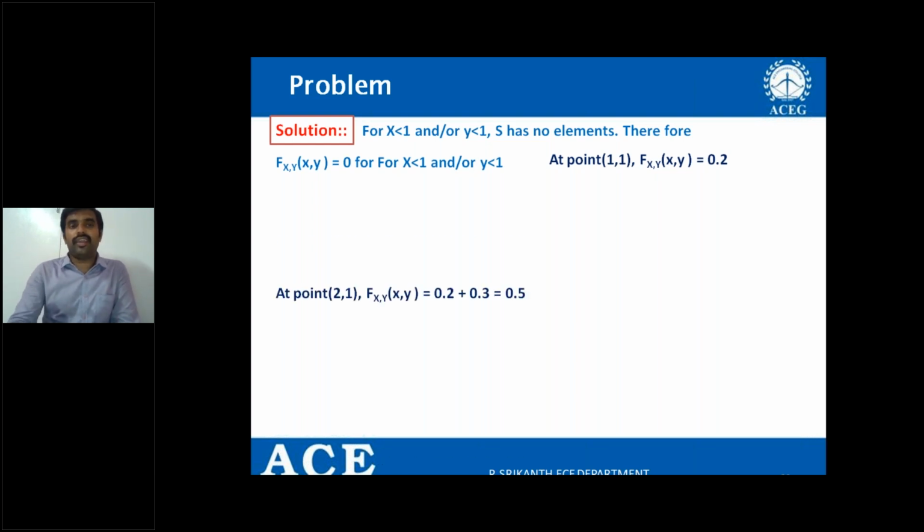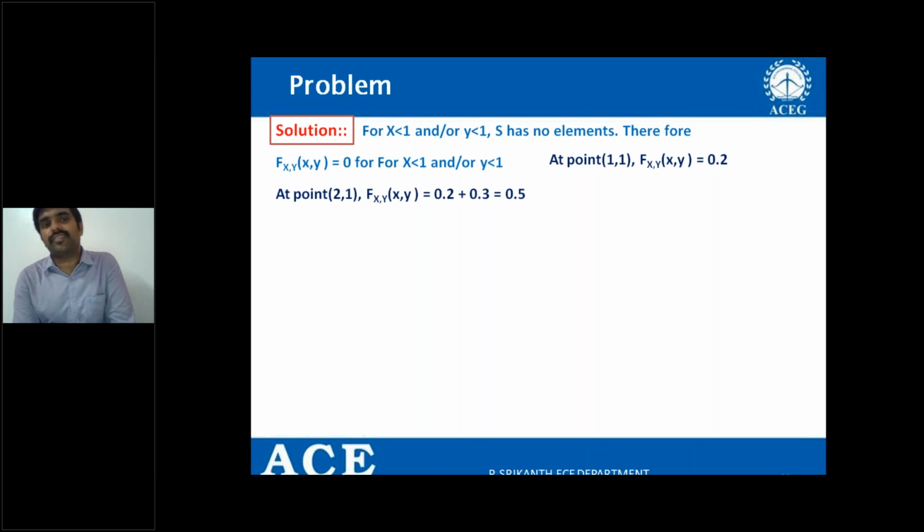Right? And similarly, at (2, 1), F_{X,Y}(x, y) equal to P(X less than or equal to 2, Y less than or equal to 1). So here, if I have a point (2, 1), is there any point less than the point (2, 1) in the given data? Yes, we have only one point, that is (1, 1).